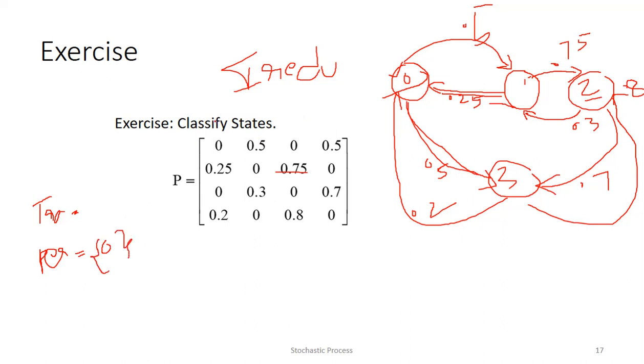By the property of irreducible chains, if one class is persistent then all classes are persistent. So if you check 1, 2 and 3, all are persistent. There is no transient and no absorbing state.